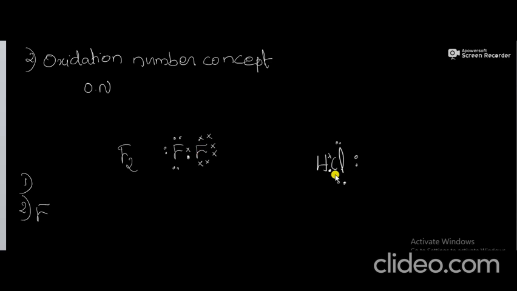Then consider the case of a molecule which contains unlike atoms, here hydrogen and chlorine. One electron is contributed from hydrogen and one electron from chlorine, and this is the sharing of electrons between these two atoms. But these are unlike atoms.